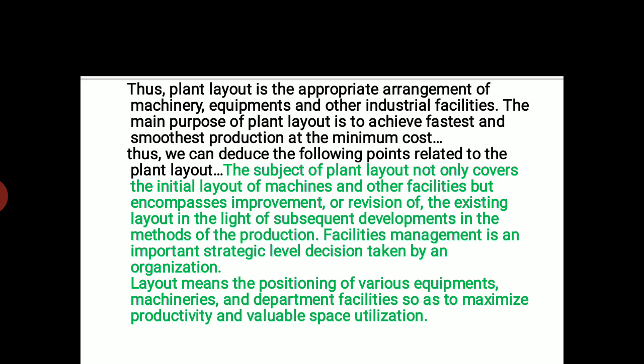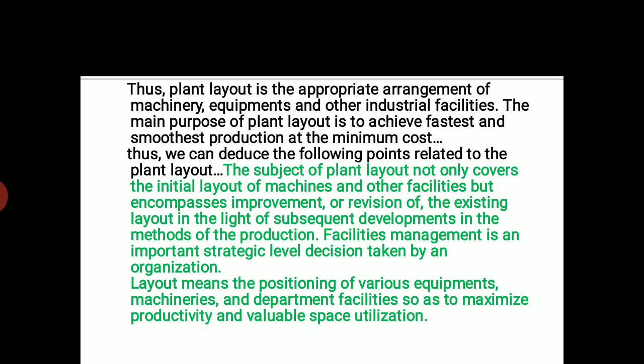That means initially if you are starting with a new venture and you are designing your plant, that is one way of having the layout, but it may even be a kind of improvement of whatever the existing things are. When you feel that you need a little bit of development, when the methods of production are changing, you may have to even change the layout, and that is also a part of facility layout.